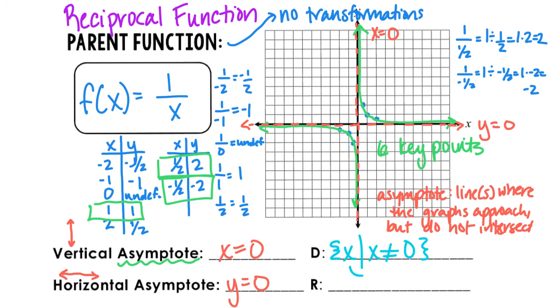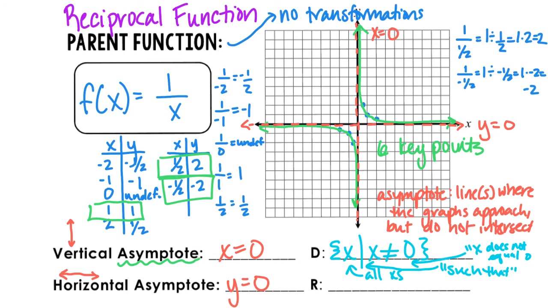So what this means is all x's, and then this symbol here means such that, and then this part here means that x does not equal 0. And we put it together with those little braces. That's what these little wiggly symbols are called, braces. And the same thing would hold true for the range.